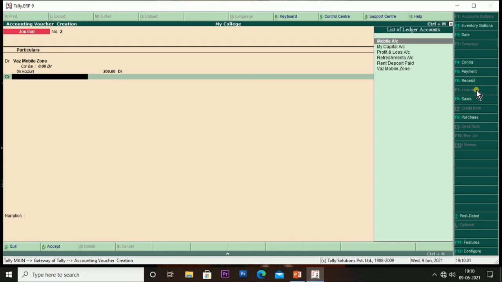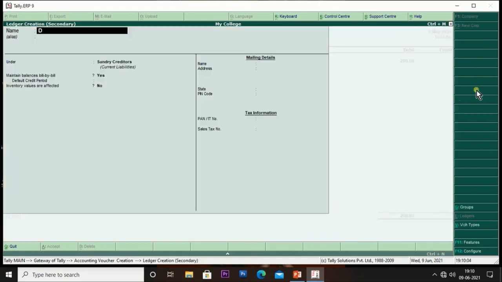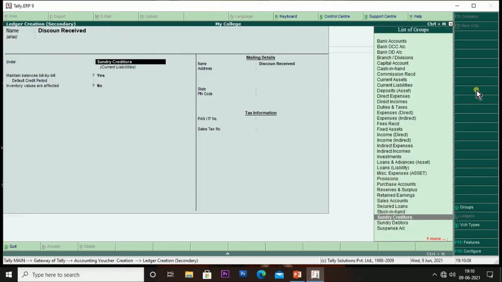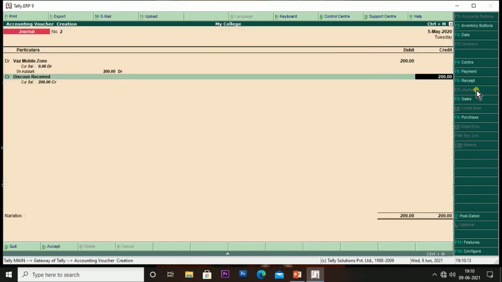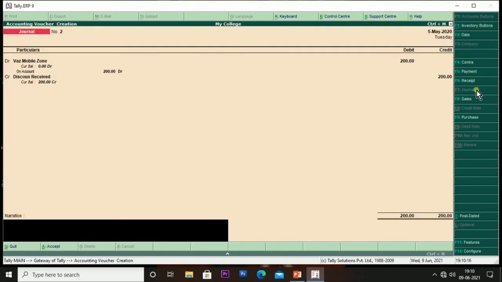You have to create that ledger: Alt C, discount received, under indirect income. You can even enter the narration here: took the advantage of mobile payment discount.